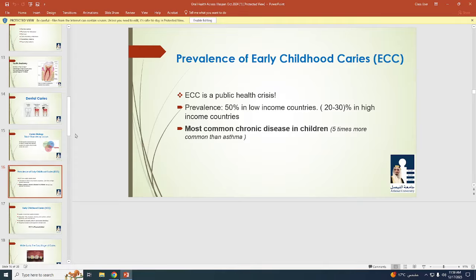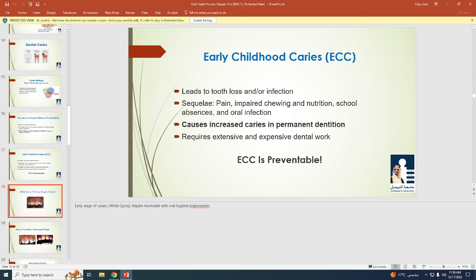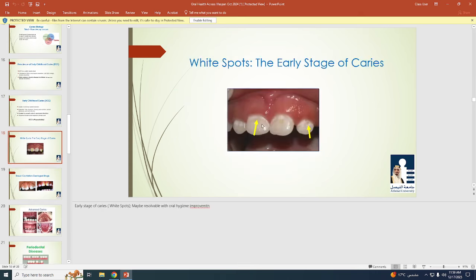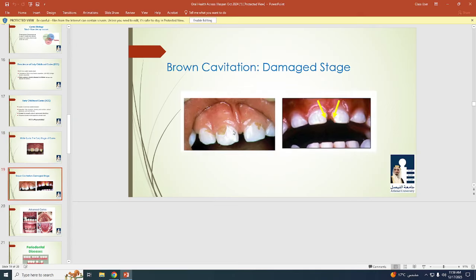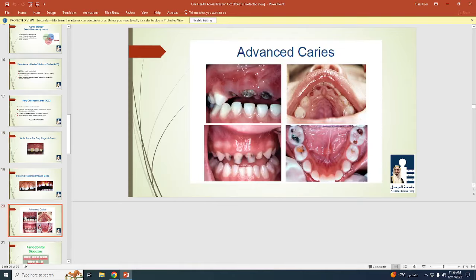No need for any numbers here. You might get just pictures, and I will ask you what that is. The brown cavitation is the damaged stage. Here is the initial, early stage of caries, white spots. And this is advanced caries.